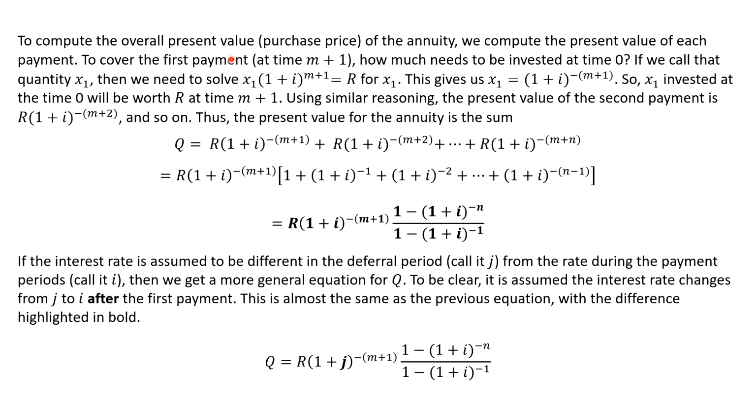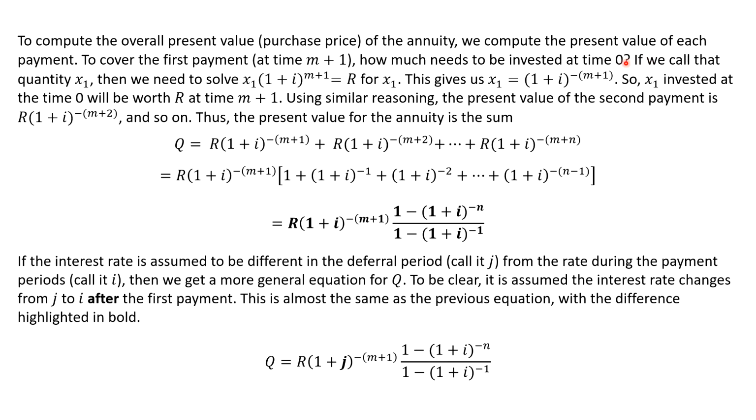To compute the overall present value purchase price of the annuity, we compute the present value of each payment. To cover the first payment at time M+1, we ask the question, how much needs to be invested at time 0, given this deferral period?